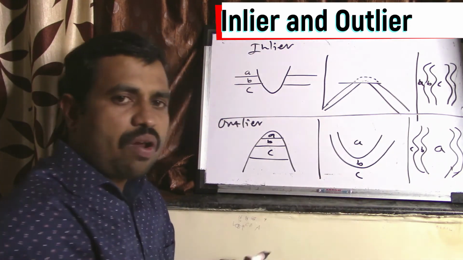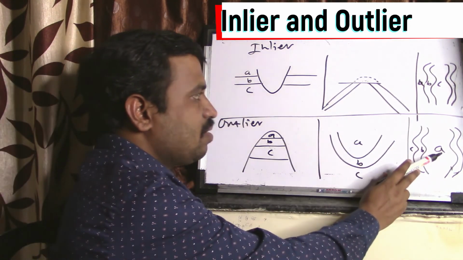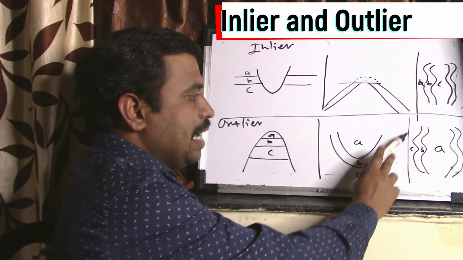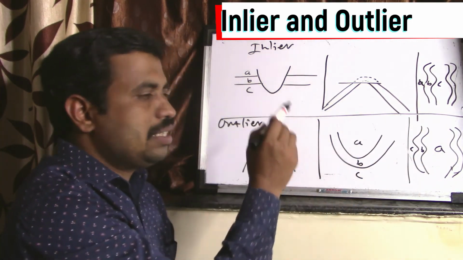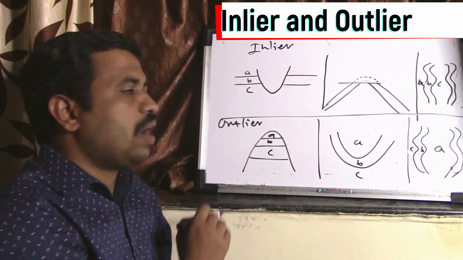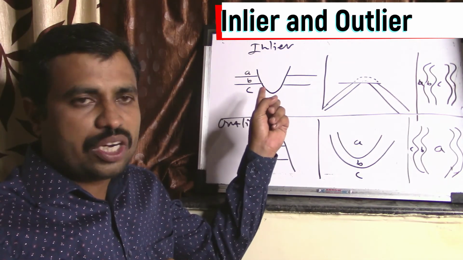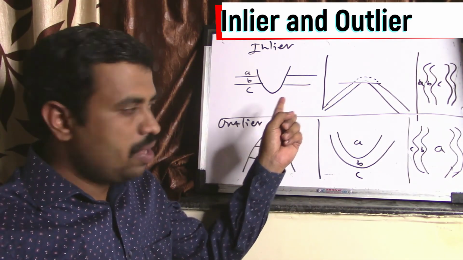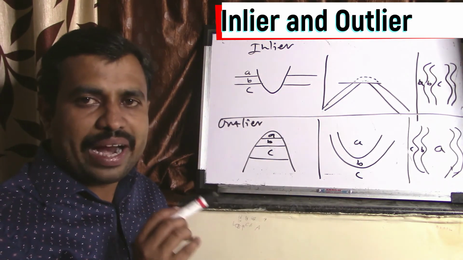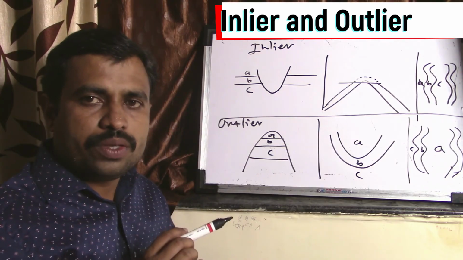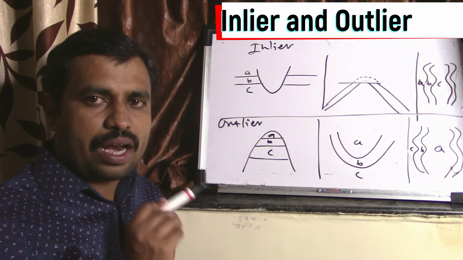So A is the youngest rock at the top, surrounded by older rock, and such a structure is called an outlier. So inliers are generally found at the valley bottom, whereas outliers are found at the hilltop.